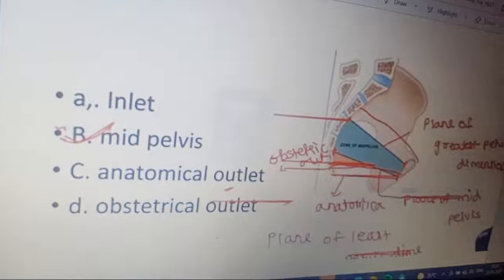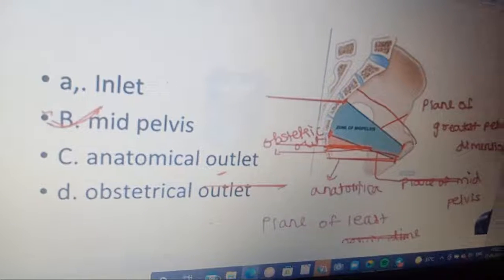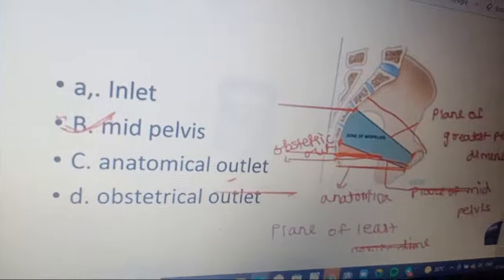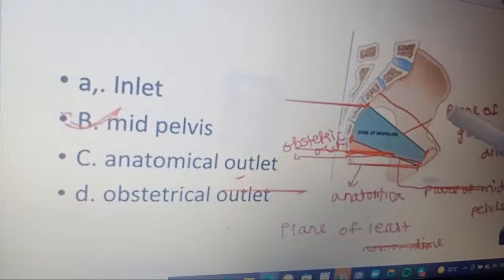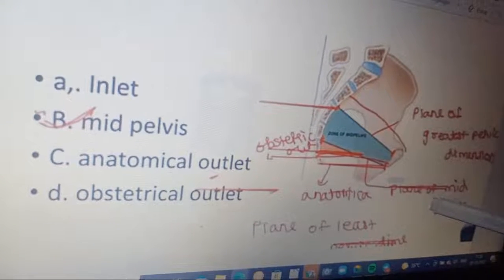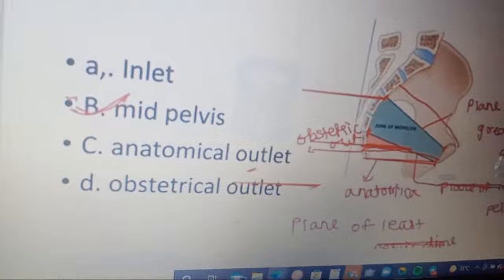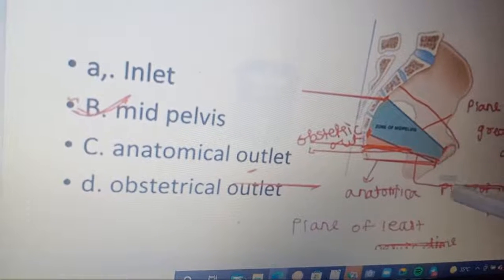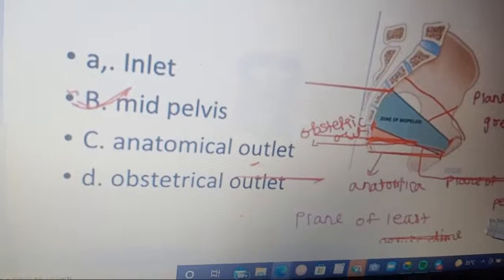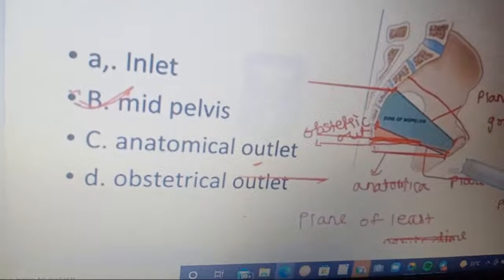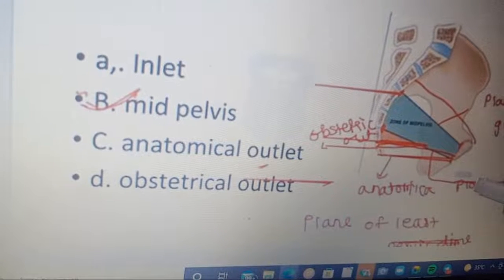Another question is what kind of pelvis is this? If we can see, this line shows the greatest pelvic diameter, and this blue color line is the mid pelvis. Anatomical outlet and obstetrical outlet are below L5 to pubic symphysis.